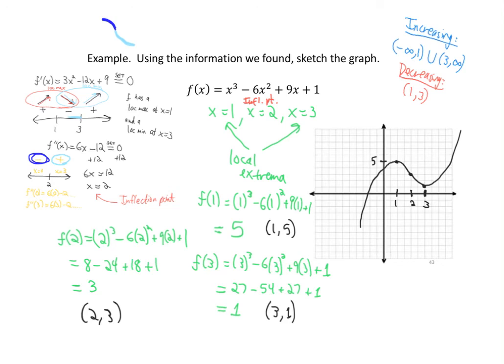So this is the graph of the function. We used the first derivative and the second derivative to give us enough information, along with a few important points that we calculated, to get a really, really accurate graph of this function.